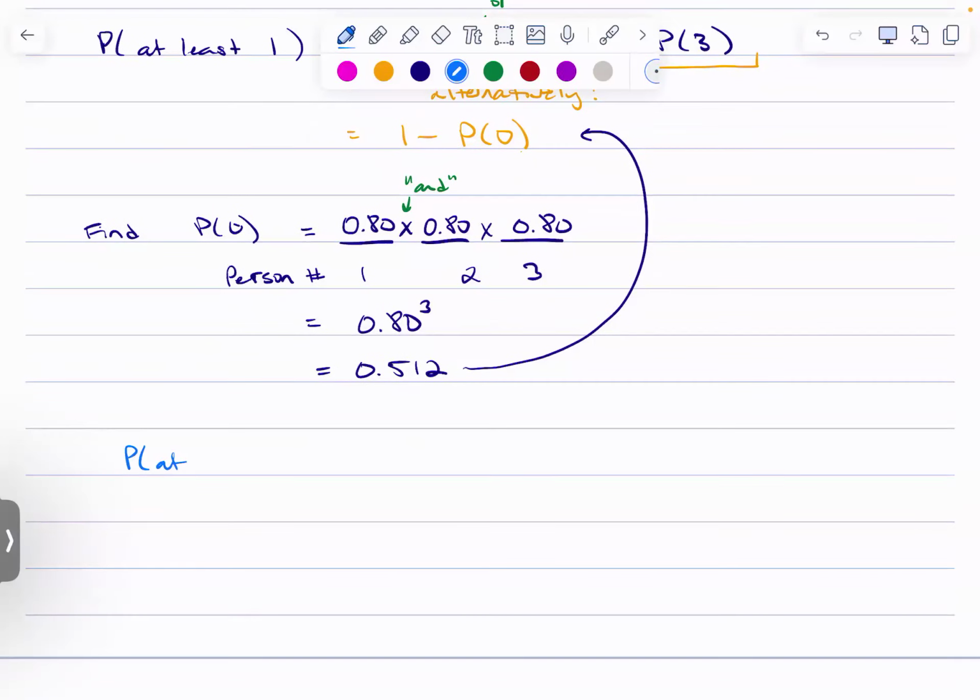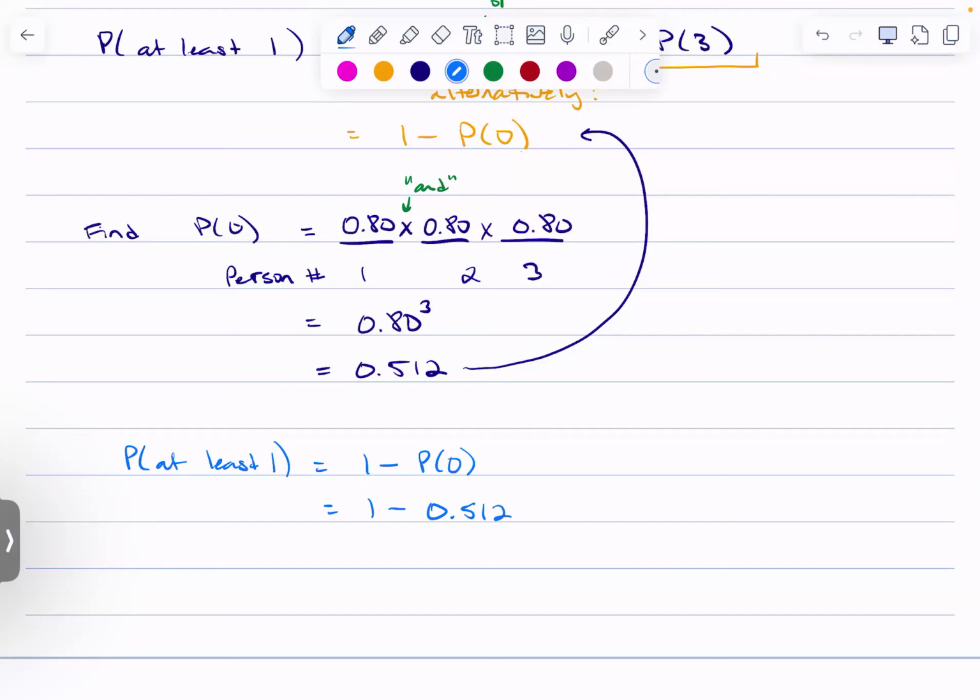The probability of at least one is 1 minus the probability that none of them are, which is 1 minus 0.512. Now you could do the same thing with the probability of 1 and the probability of 2 and the probability of 3, and then add those all up. That would work, okay? It's just more tedious and time consuming, right?